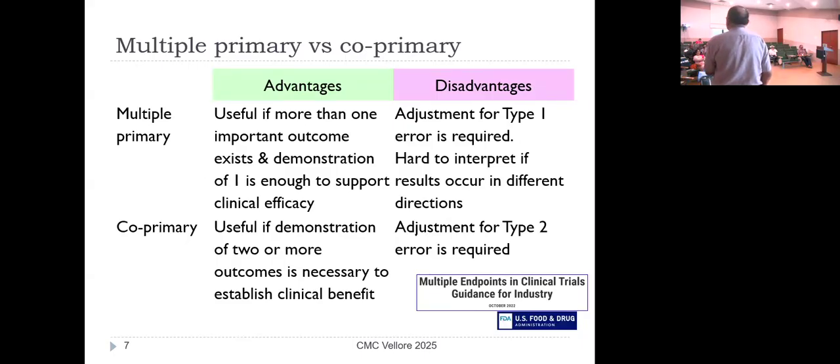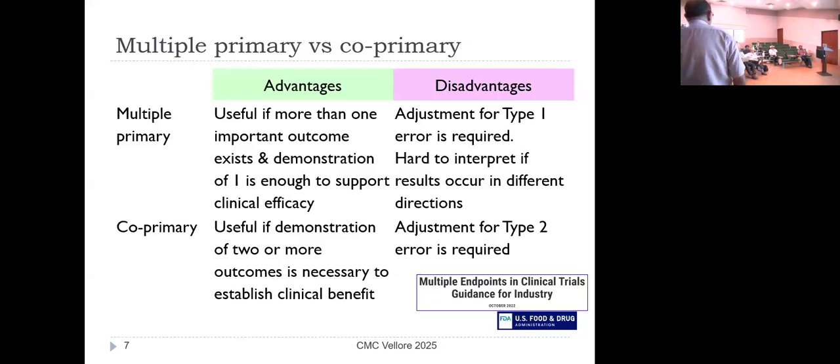If I call them multiple primaries, then one of them may be statistically significant, and the other one may not be, but maybe one of them is enough to show support for clinical efficacy, and it may change practice. But if I say the same heart attack and stroke are not multiple, they're co-primary, then it means that I have to demonstrate that both of them are significant in order to establish benefit. So they force you to have both of them.